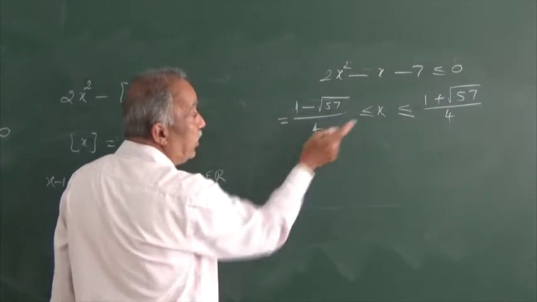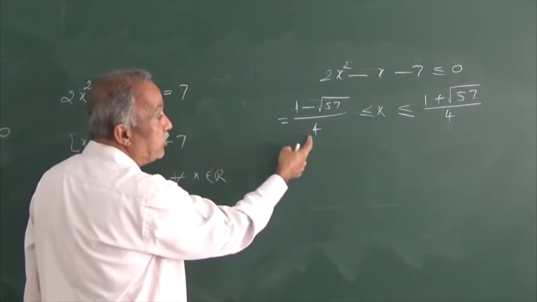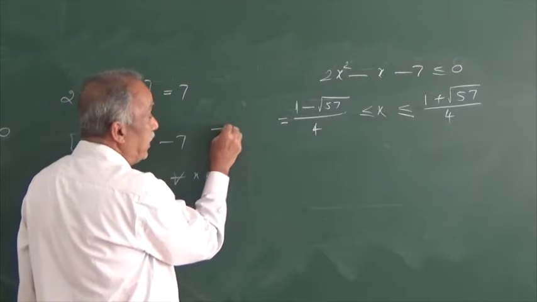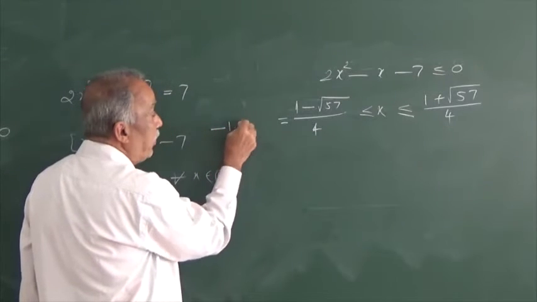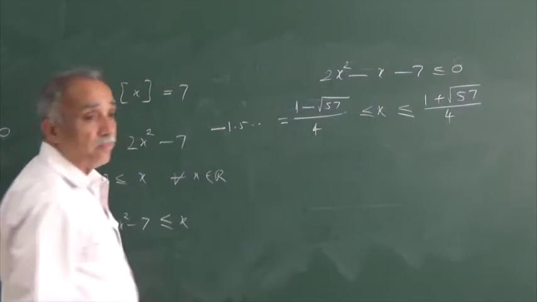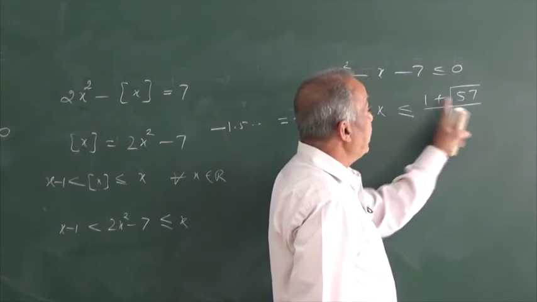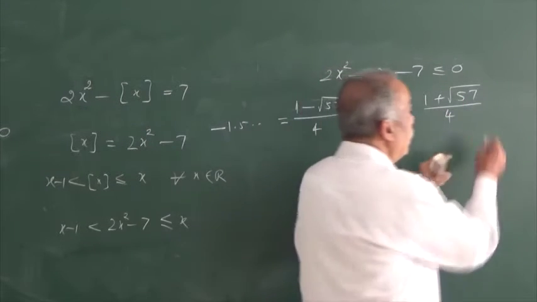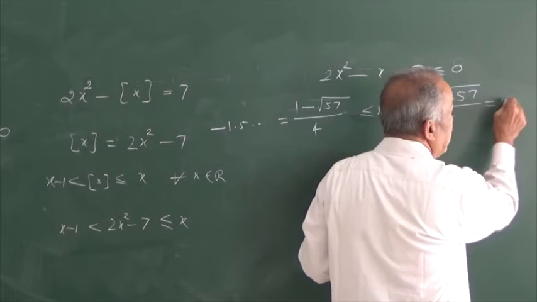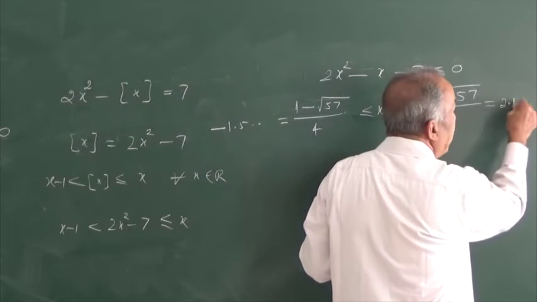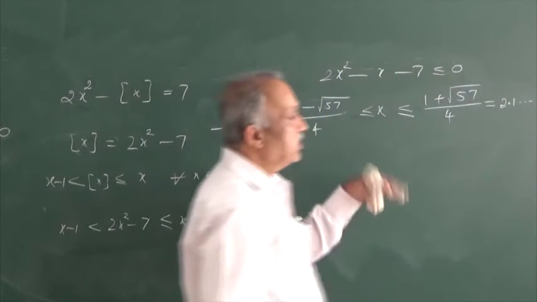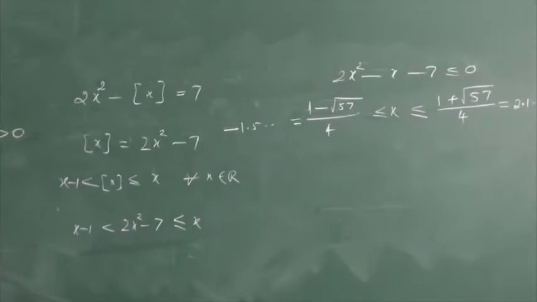So 1 minus 7.5 something, that is minus 6.5 something, divided by 4, is roughly minus 1.5 something. On this side, 7.5 something plus 1 divided by 4 is roughly 2.1 something, with something extra to be added.